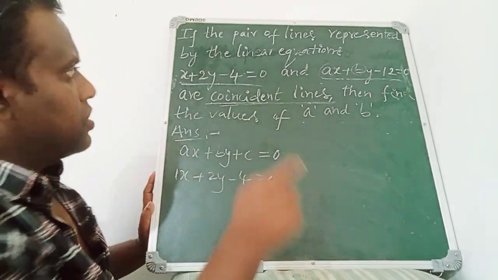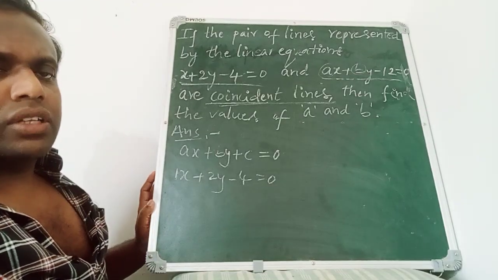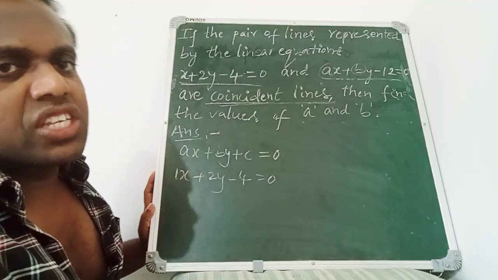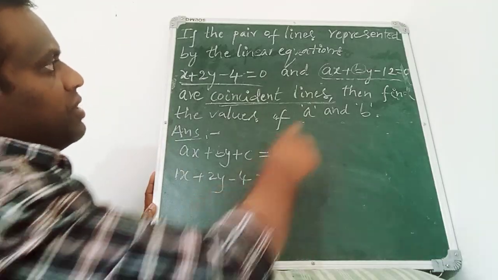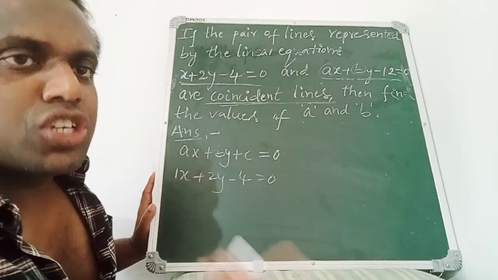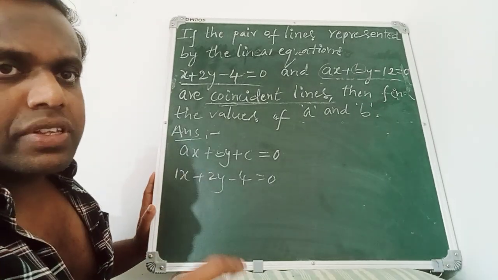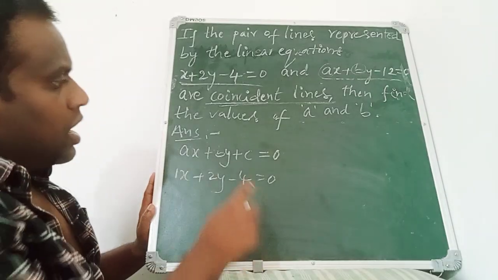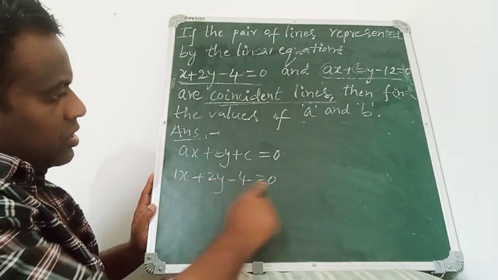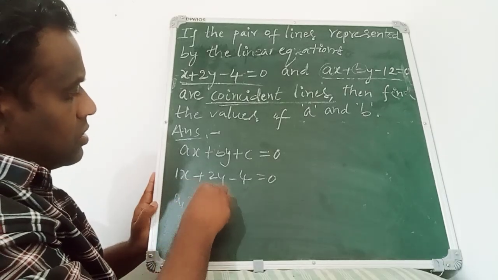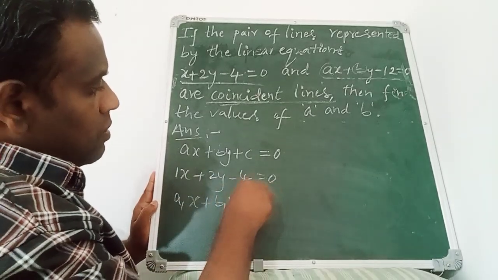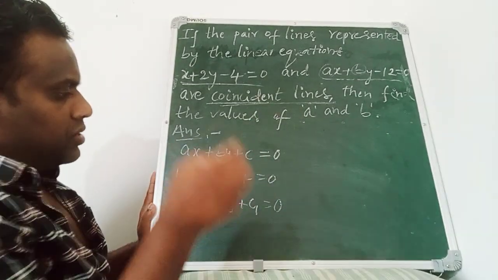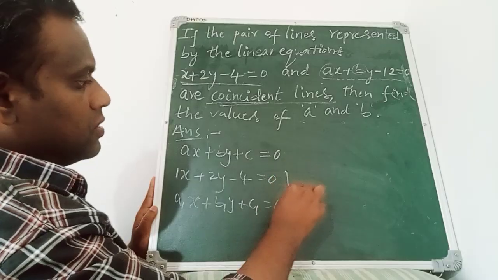But here they have given two equations, this and this. So for the first equation, I will take a1, b1, c1. Because we have another equation, for that we will take a2, b2, c2. For this I will write the general form using a1, b1, c1. Now this is in the form a1x + b1y + c1 = 0.